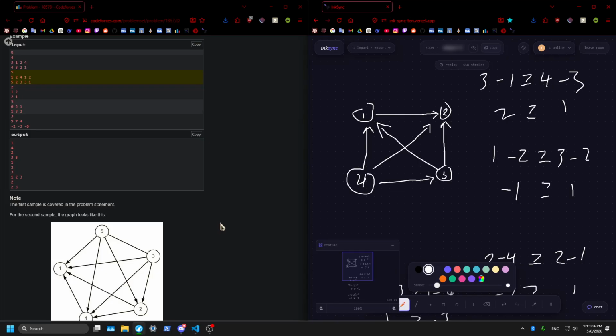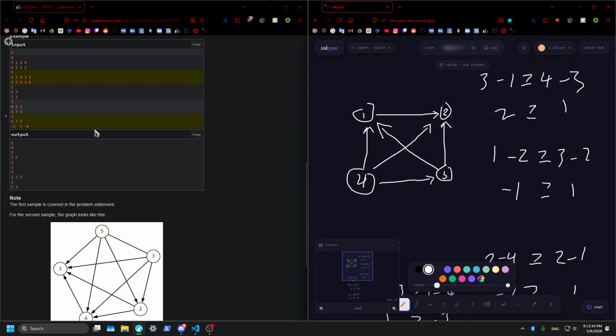Is there anything that stands out to me right away? So my intuition is thinking something along the lines of 4, 1, 4, 2, 4, 3.